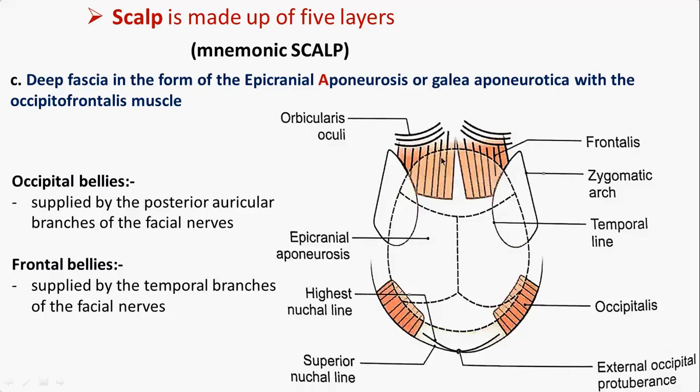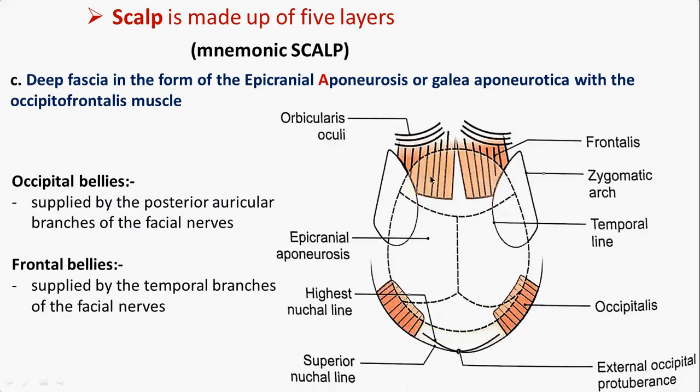The frontal belly anteriorly does not have any bony attachment, so it attaches to some of the fibers of the orbicularis oculi muscle and another muscle, the corrugator supercilii.